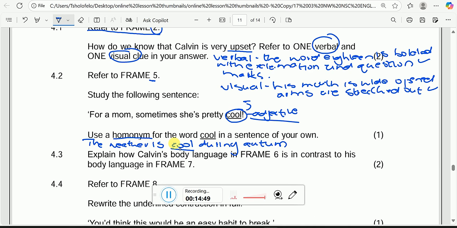So this cool refers to what? It is in the context of temperature, as being cool can also be an adjective to a certain extent. So there's the cool of a temperature, there's the cool to describe the mother's character trait. So you needed to use cool differently in a sentence of your own. That is how you answer questions of a synonym.